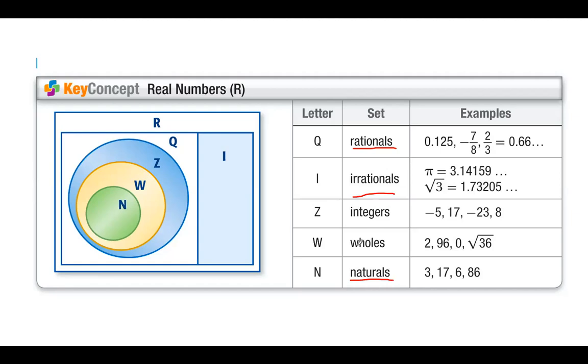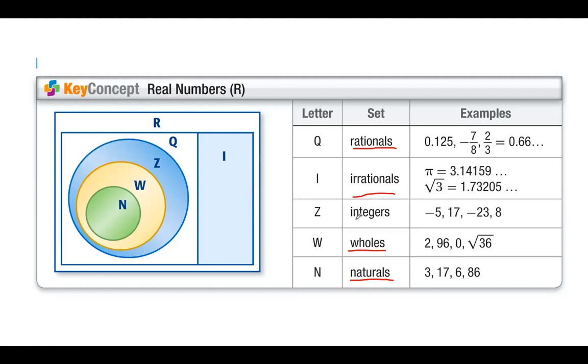From there, we add a little bit more. We have whole numbers, and whole numbers are all the natural numbers, but we're going to add one more number: 0. So all the positive numbers with 0 added in. Another way to think of it is that they're non-negative.